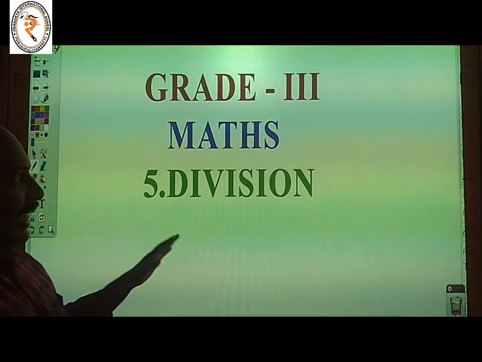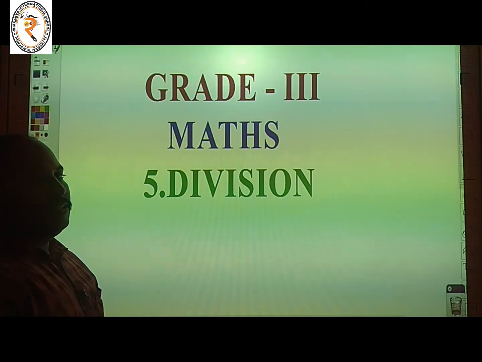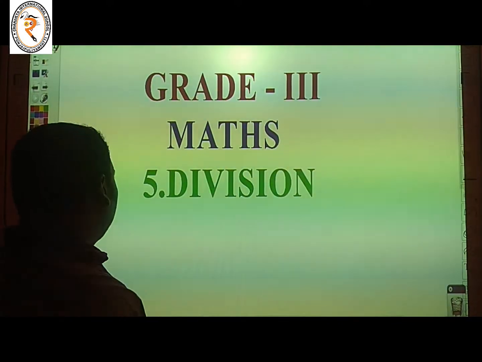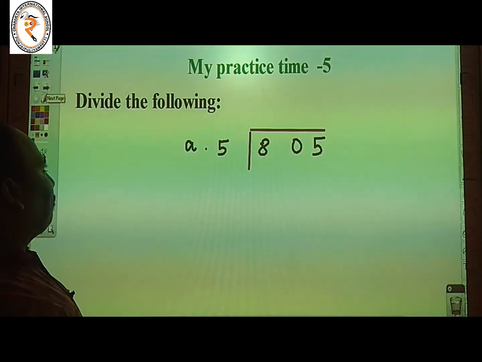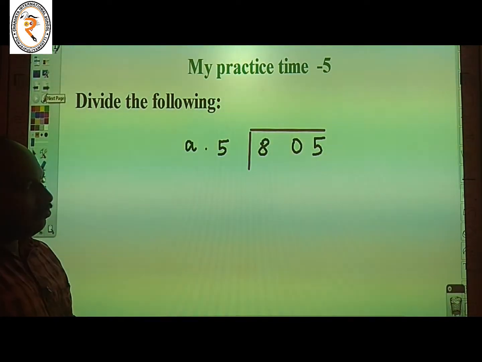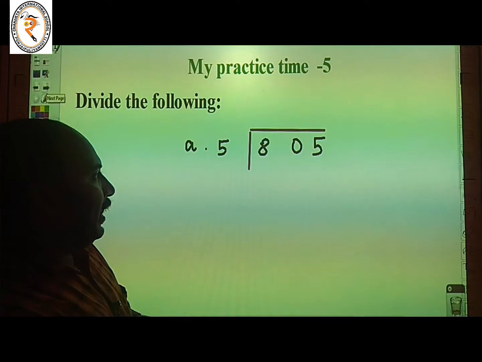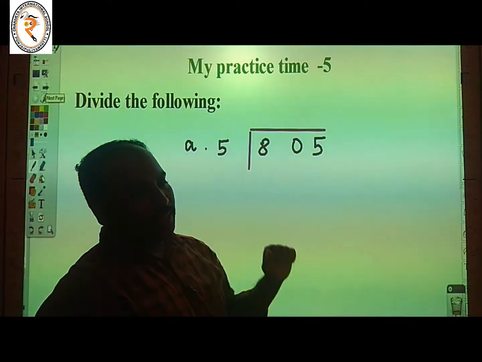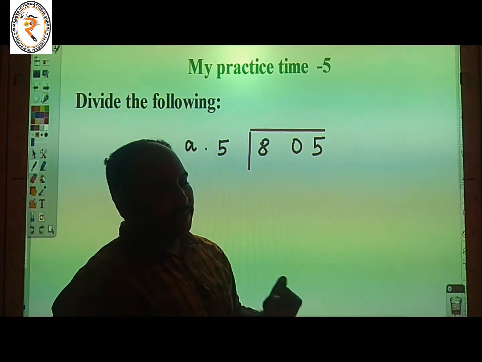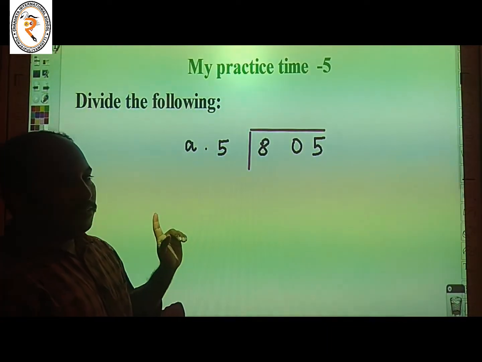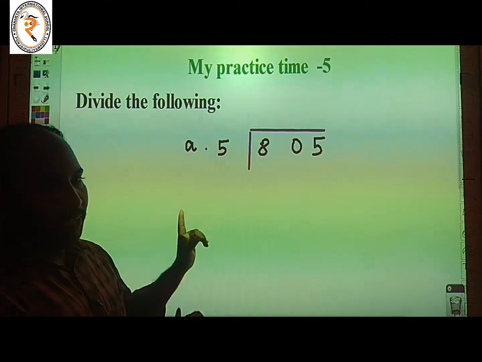Morning Program, Grade 3, Subject Maths, Chapter 5, Division. My practice 10.5. Divide the following. Question part A, 805 divided by 5. 805 is a 3-digit number, and we want to divide by 5.